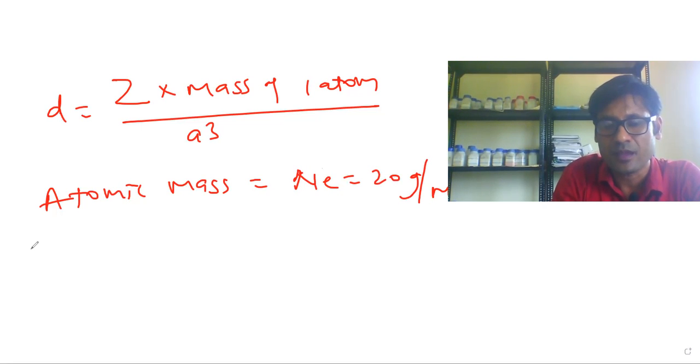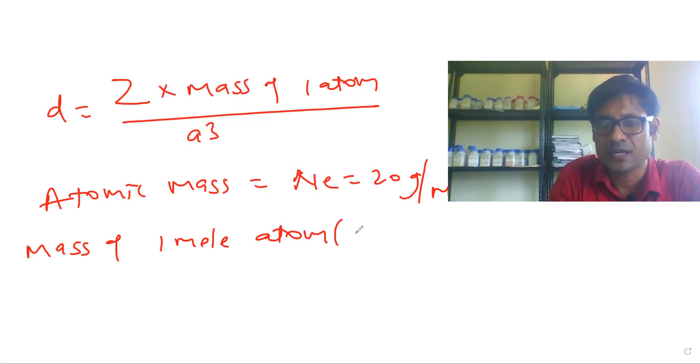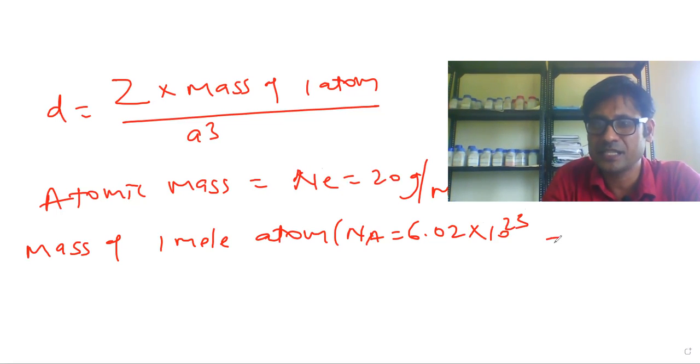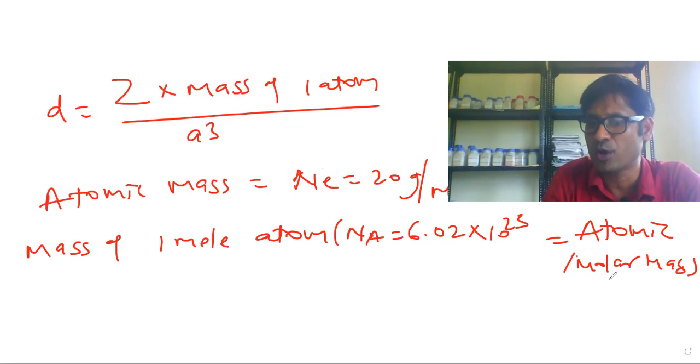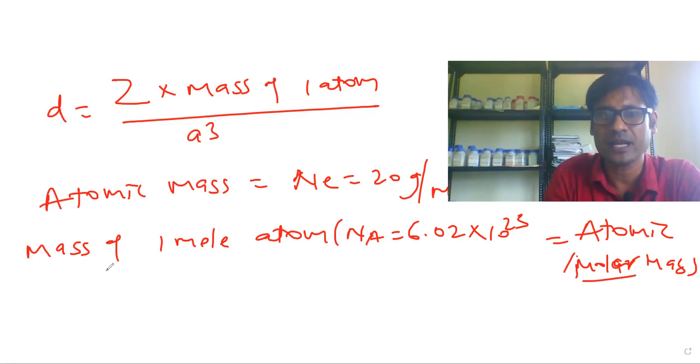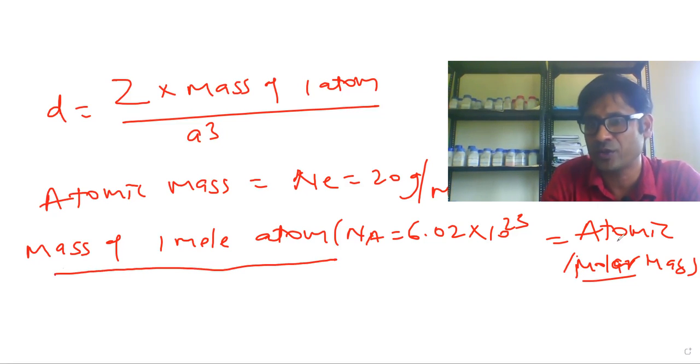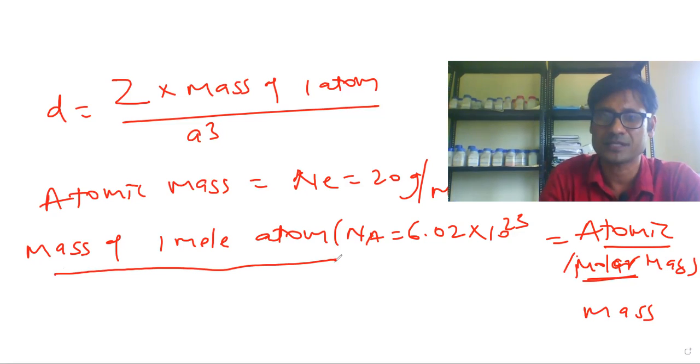It means atomic mass is the mass of 1 mole of atoms. 1 mole means Avogadro number, that is 6.02 into 10 to the power 23 atoms. In case of molecule, it is molar mass, and in case of atom, it is atomic mass. Clear? The mass of 1 mole of atoms is equal to its atomic mass, or in case of molecule, this is molar mass.